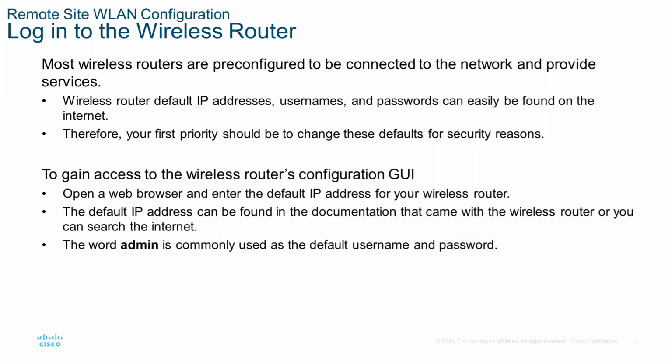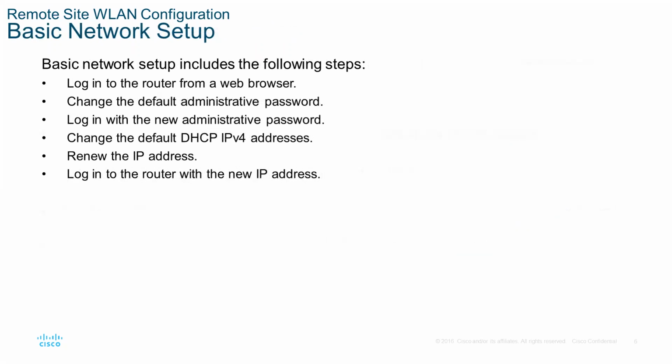So what you need to do to change these defaults is to log in via your web browser onto the default IP address for your device, and that IP address can be found in the documentation that came with the device. Commonly, the default username and password is admin, so we need to change these things.